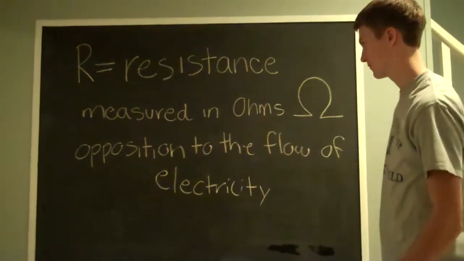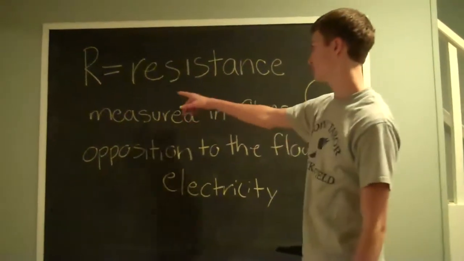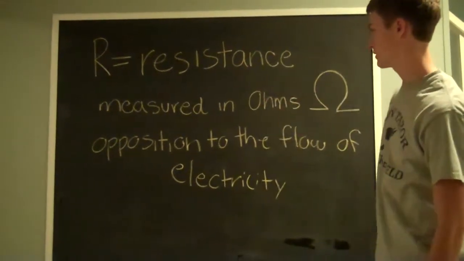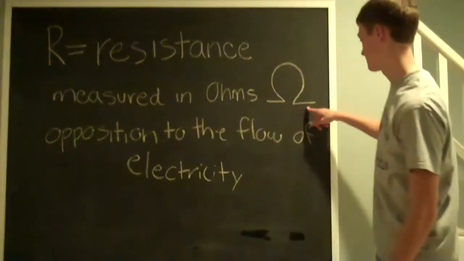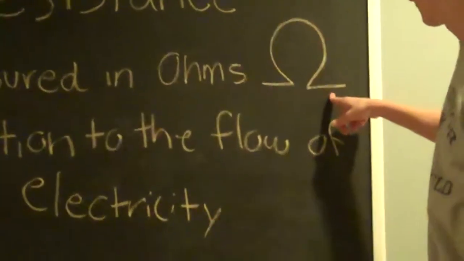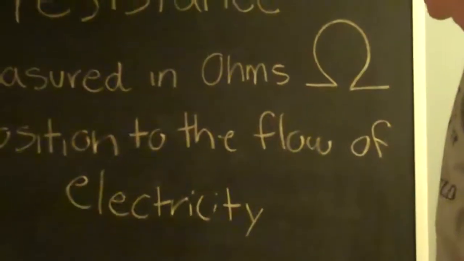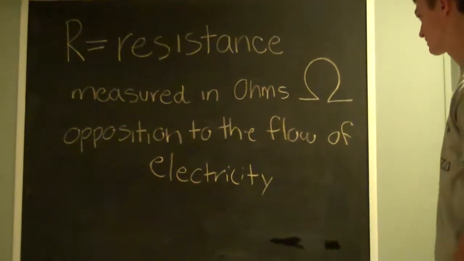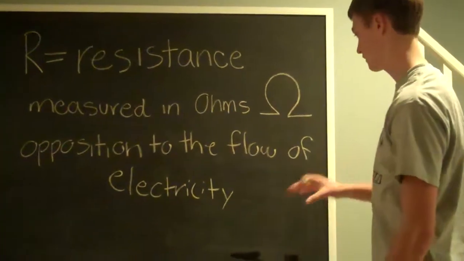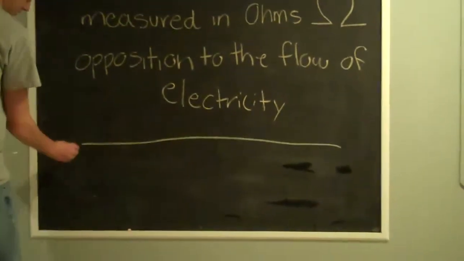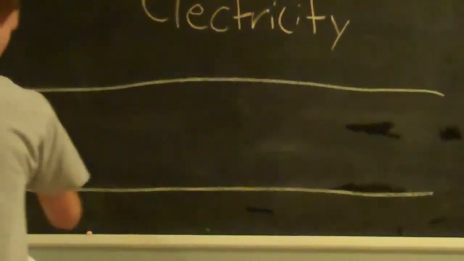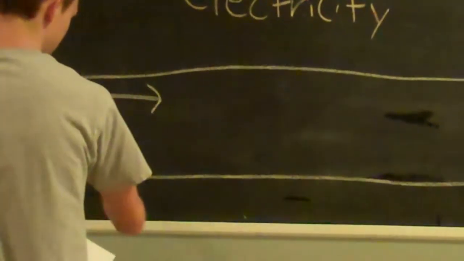The next variable is R, and R equals the resistance in the circuit. It's measured in ohms, and this is the sign, an omega sign from the Greek symbol. Resistance is the opposition to the flow of electricity, and we can see it in an example. You have a given circuit, and the flow of electricity, or the current, is going through.